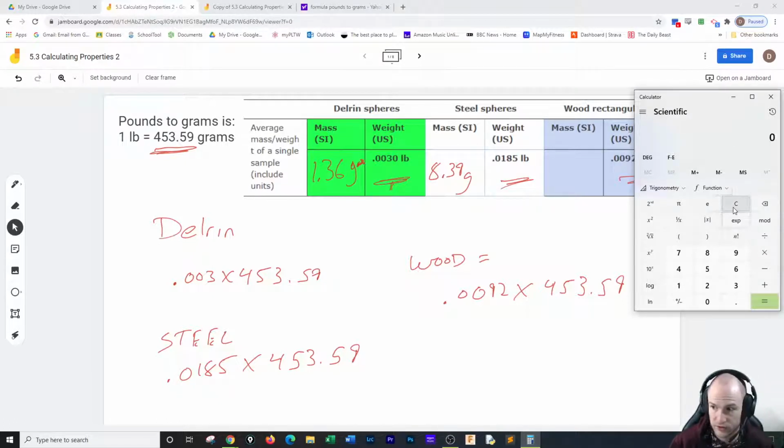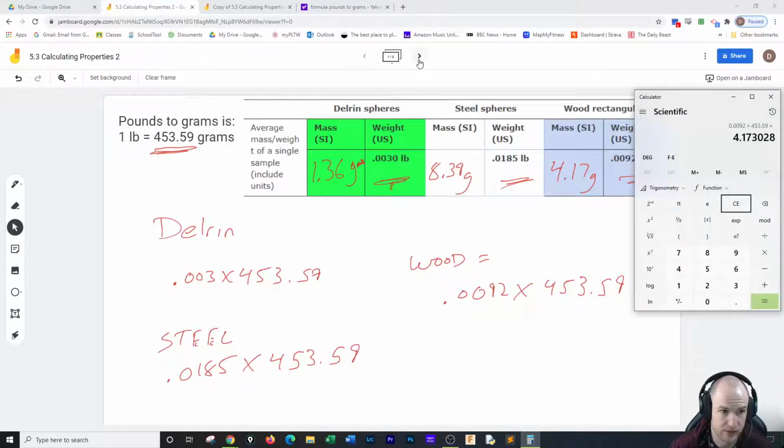And then for the wood, 0.0092 times 453.59, and I'm going to say 4.17 grams. Okay, so those are my values. I'm going to need them again later, but for now, that's fine.